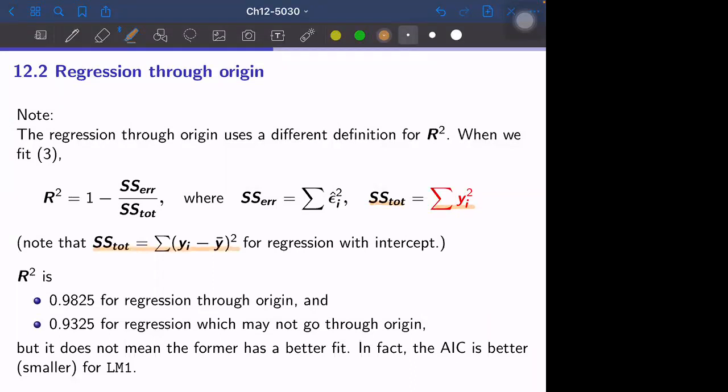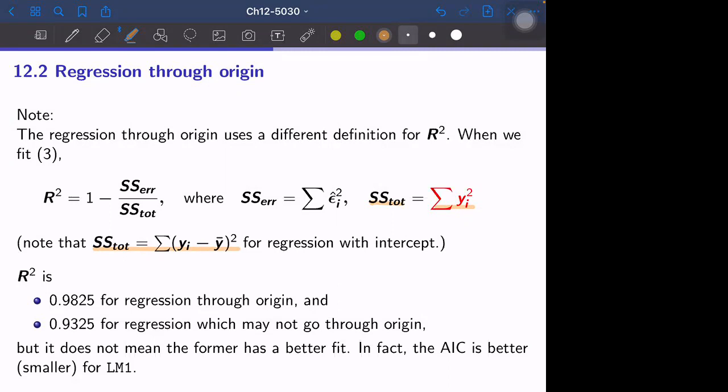SS total is usually the variation in y, so the summation of yi minus y bar. But in this regression we don't have any intercept, so the null model isn't really y equal to beta naught. So we don't have a y bar term.